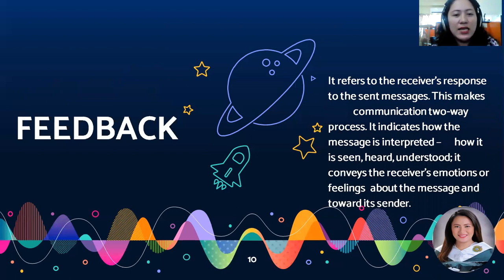So when I say two-way process, meaning there is a verbal response to the message being sent by the sender, because there is also a one-way communication process where you are just talking to yourself. Okay, so when you are just talking to yourself, that is a one-way communication process. So the feedback will indicate how the message is interpreted. So that's why the response is very important.